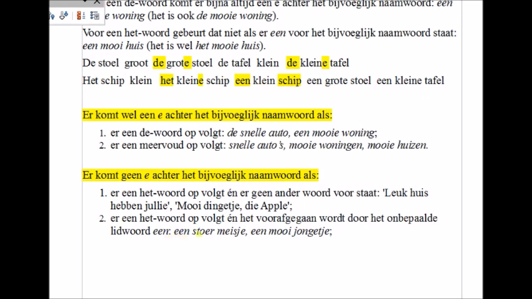So, "een stoer meisje", "een mooi jongetje", so with "een".